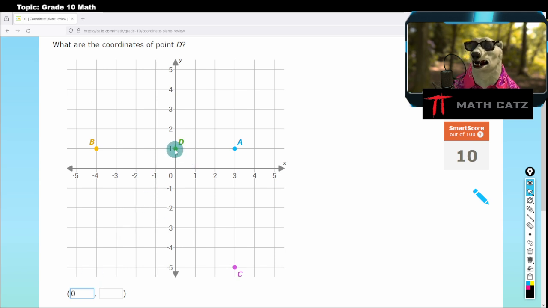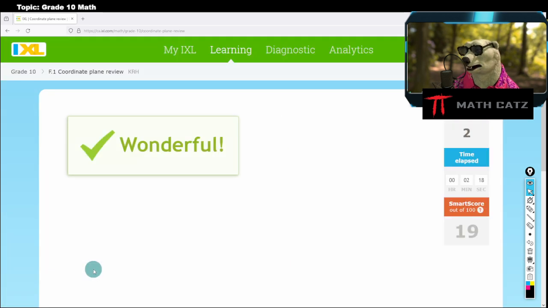And it's already on the y-axis, but it corresponds to the y value on the y number line of 1. So the coordinates of point D is 0, 1. Remember always, horizontal x-axis first, then vertical y-axis, 0, 1.